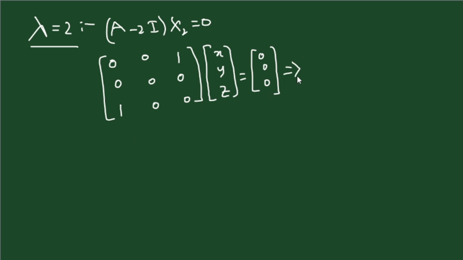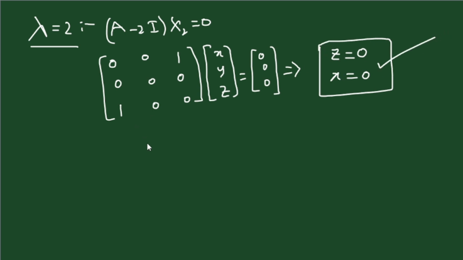You see, from the first one we have 0 into x plus 0 into y plus 1 into z equal to 0. That means z equal to 0. From the second row, it is all zeros. From the third one, it is 1 into x plus 0 into y plus 0 into z. So x equal to 0. So two variables are fixed to be x equal to 0 and z equal to 0. Right?